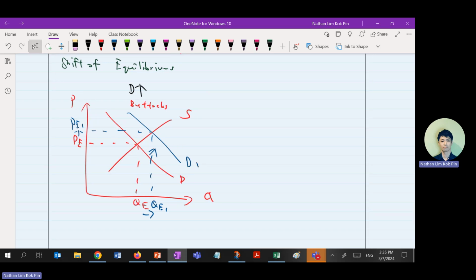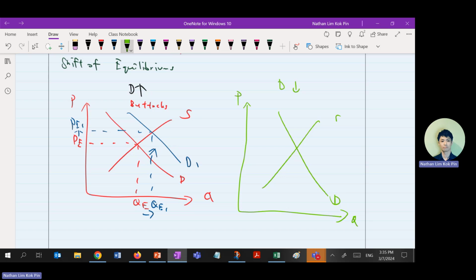The next one is demand decrease. For demand decrease, same thing, draw demand and supply, then write the buttocks, then draw your equilibrium price and quantity.